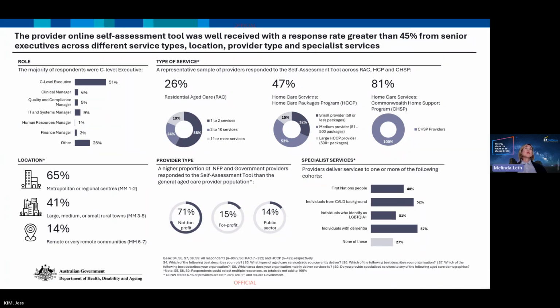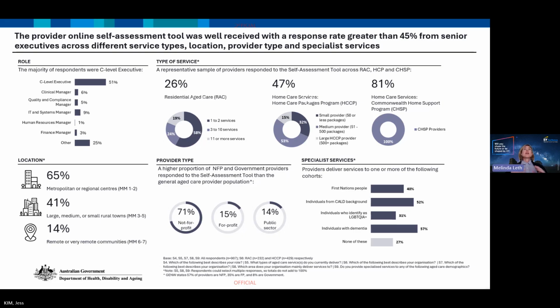In terms of the type of service, you can see there that we had a really great result in terms of who responded. We actually had a lot more Commonwealth Home Support Program providers respond to the survey, 81%, which was amazing, and something that we weren't expecting, and fewer in terms of the residential aged care.